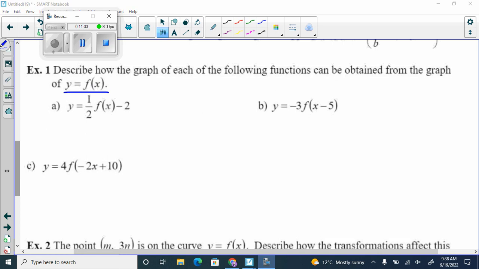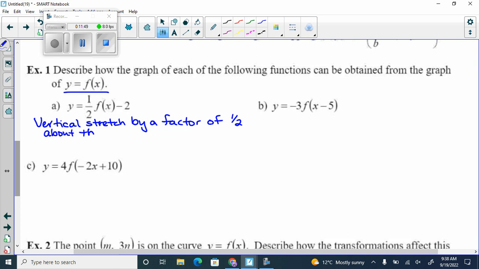Okay, so for the first one, we have a vertical stretch by a factor of 1/2 about the x-axis, and a vertical translation two units down.